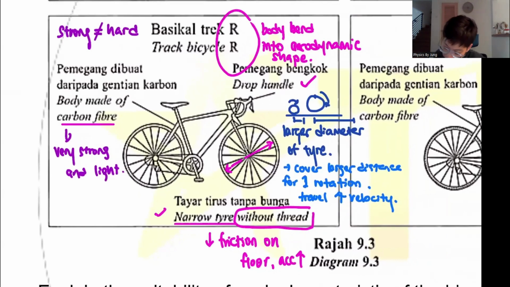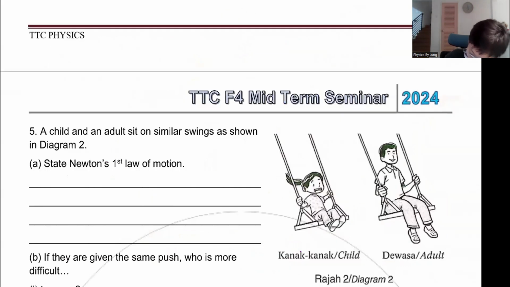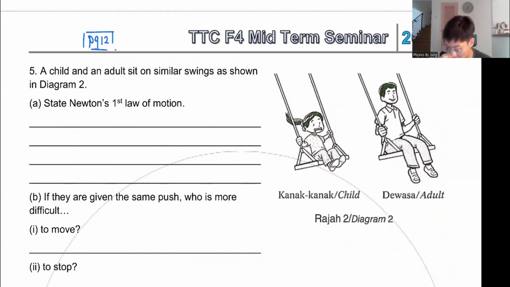Okay. Now, once you're done with this, let's go and see page 12. Okay, page 12. A child and an adult sit on similar swings as shown in diagram 2. So this dewasa duduk sini. Yang kanak-kanak duduk sini. State Newton's first law of motion.